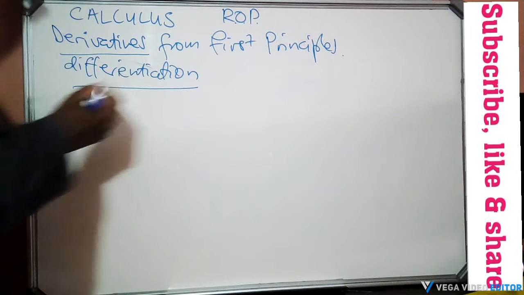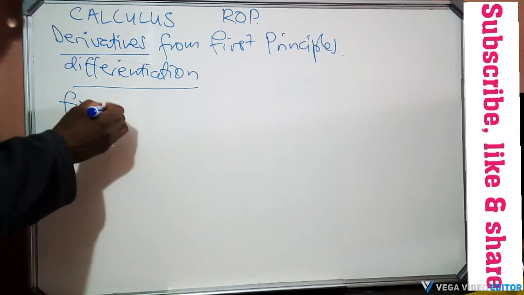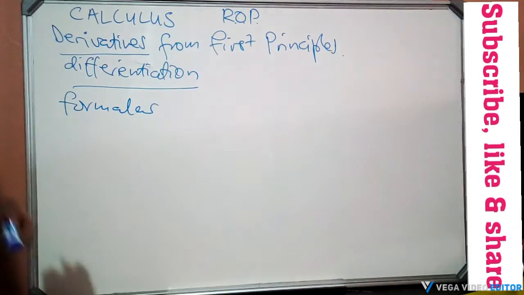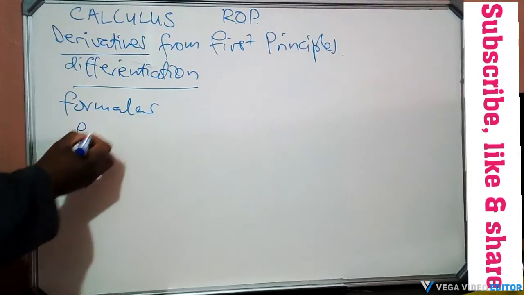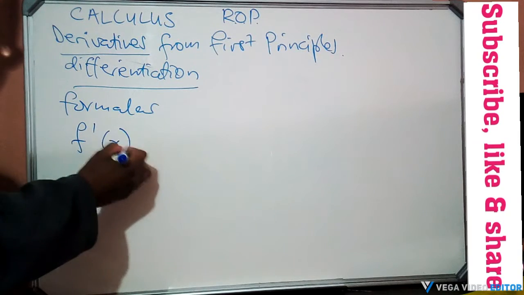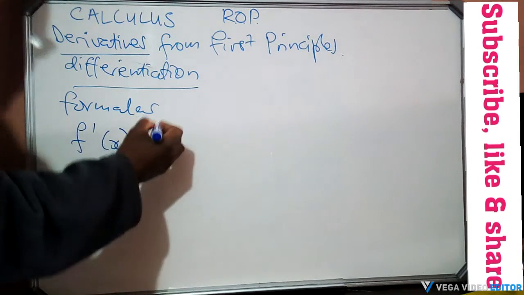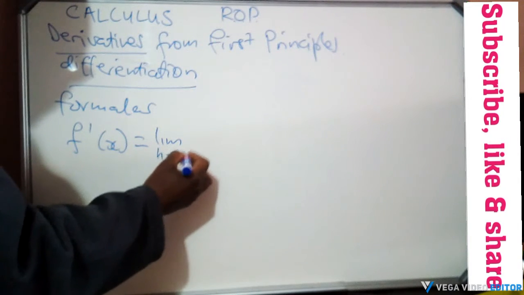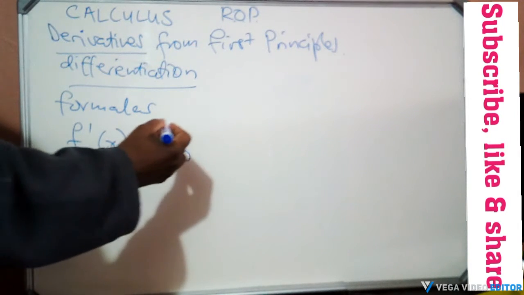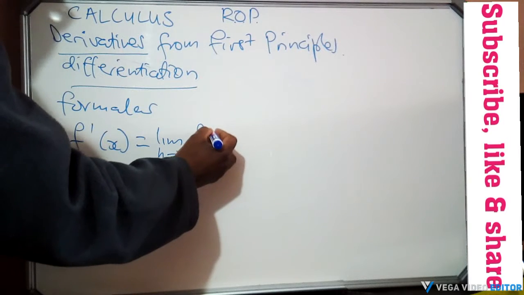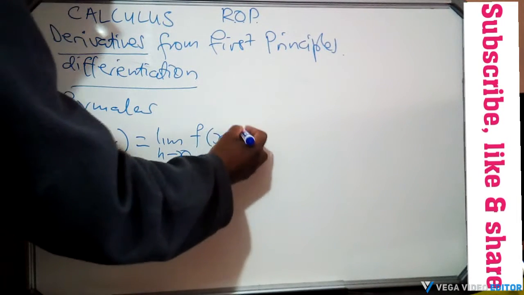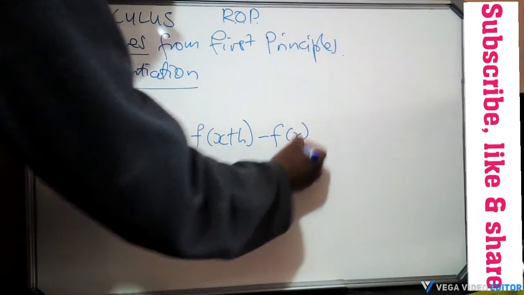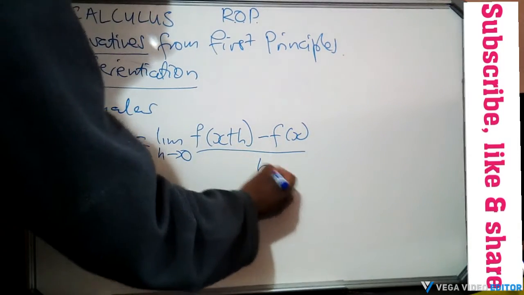The formula that we are going to be using in this case, the formula for calculating derivatives using first principles, is the derivative of f(x) equals the limit as h approaches 0 of f(x plus h) minus f(x), everything over h.